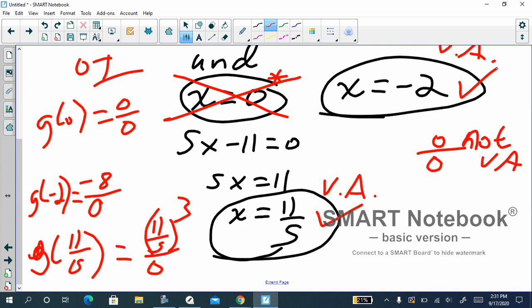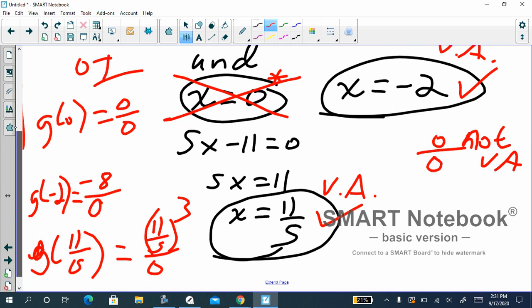So in my handout in Canvas, I say that it's a vertical asymptote if the bottom is 0 and the top is not. Sometimes they describe it and say it's a vertical asymptote if the fraction is relatively prime, a fancy way of saying it's reduced, and then the bottom equals 0.